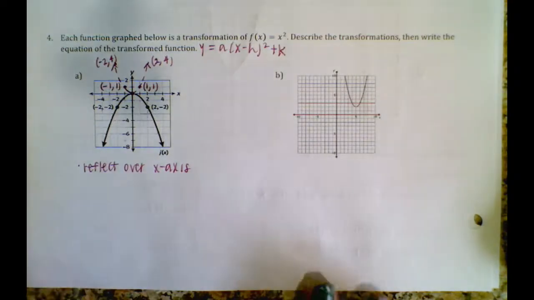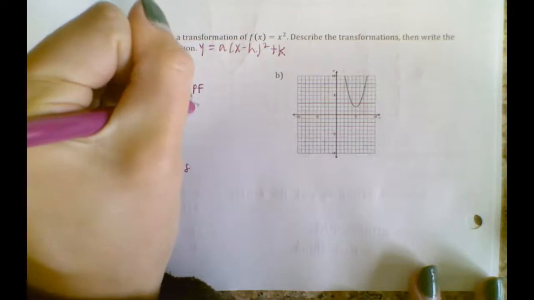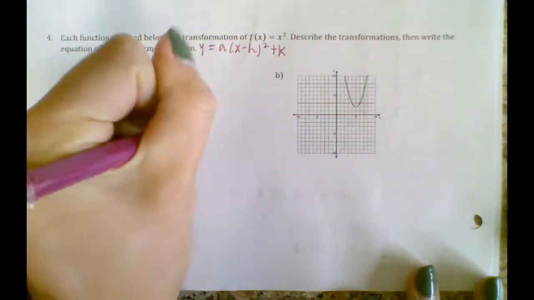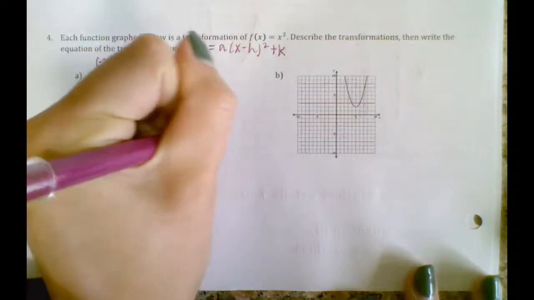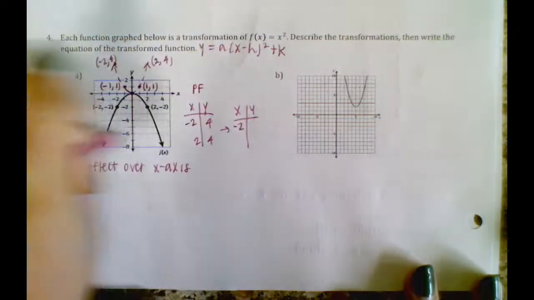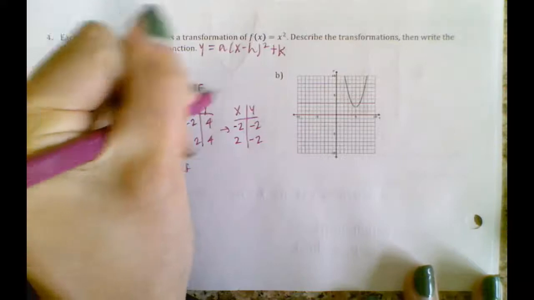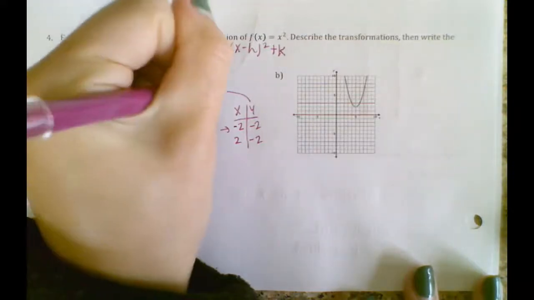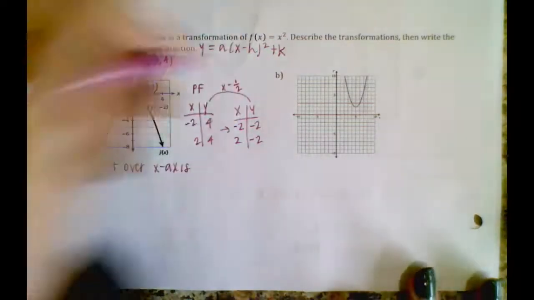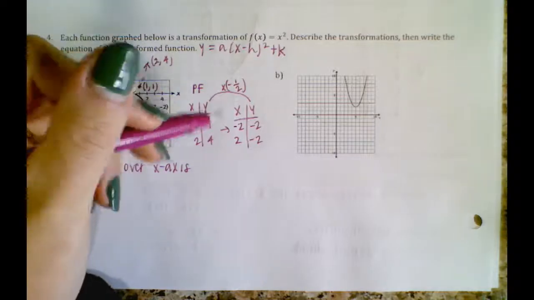So if we make a table of values for the parent function, what I'm saying here is that we have the coordinate points negative 2, 4 and 2, 4, but it looks like this new function, we have negative 2, negative 2, and 2, negative 2. If you compare these y values, you really just multiply them by negative 1/2, right? 4 times negative 1/2 would be negative 2.